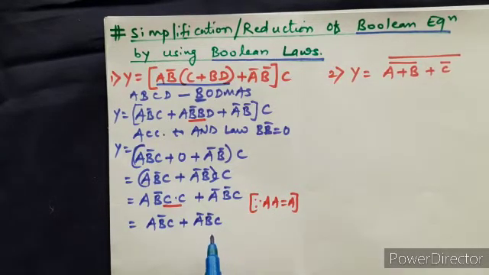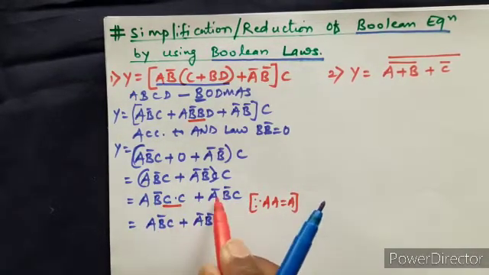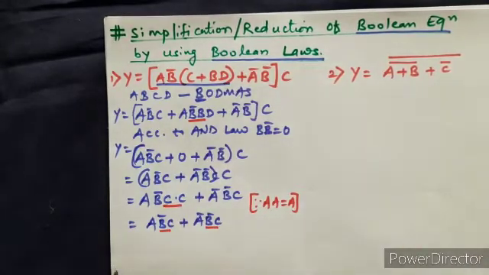Now here if you see a b bar c and a bar b bar c, b bar c we can take as common, so I can say b bar c in bracket a plus a bar.